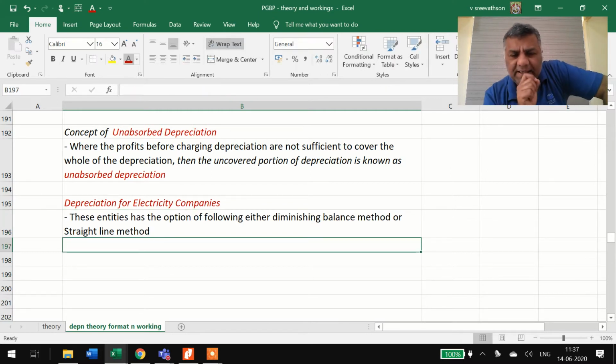This option is only for electricity companies. All others will only follow the diminishing balance method. Electricity companies alone have the option of either following the diminishing balance method or the straight line method.